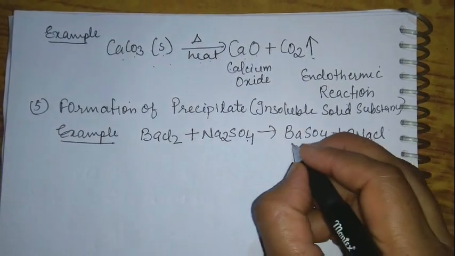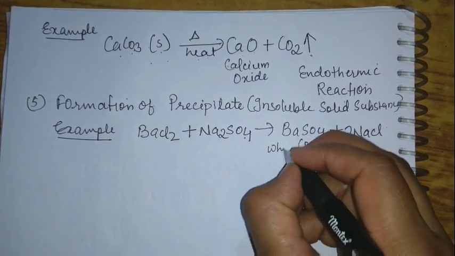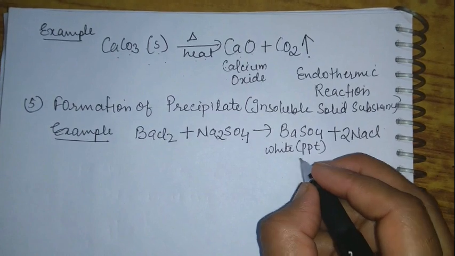Barium sulfate is a PPT. It's a white colored PPT. So this is also a chemical reaction.